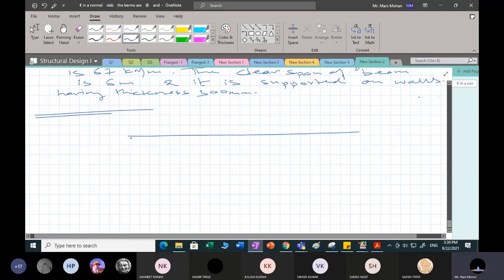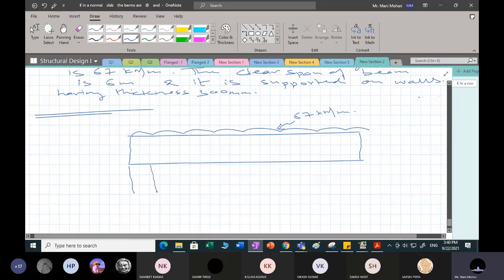So this is my beam. This beam is having ultimate load of 67 kilonewton per meter. Now this is getting support from 300 mm thick wall, and this is having a clear span of 6 meter.